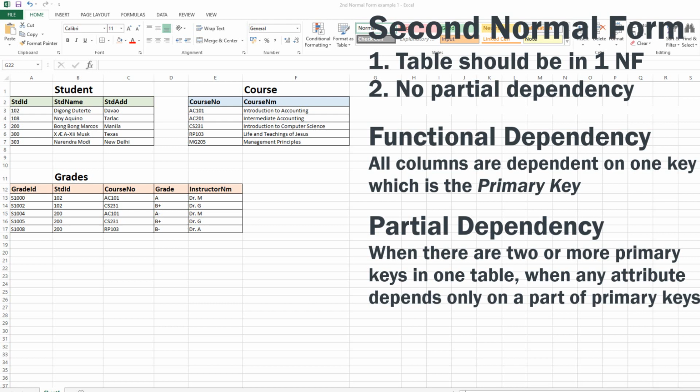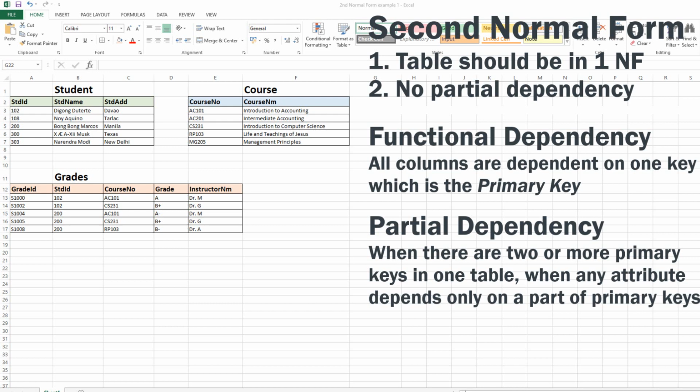I hope now partial dependency is clear. This partial dependency should not exist in a second normal form. So the instructor name attribute's partial dependency on course number should be eliminated. And when we do that, we can say that the table is in second normal form.